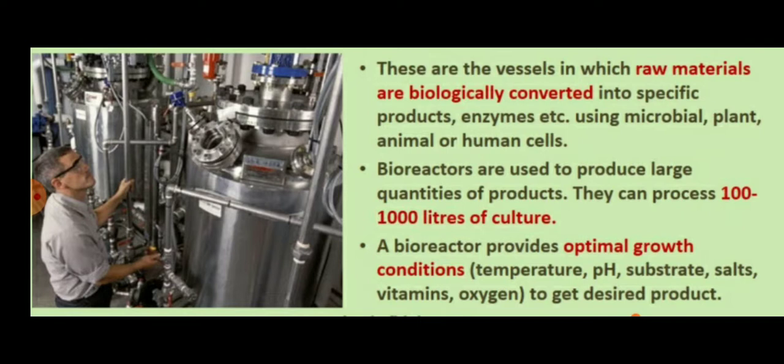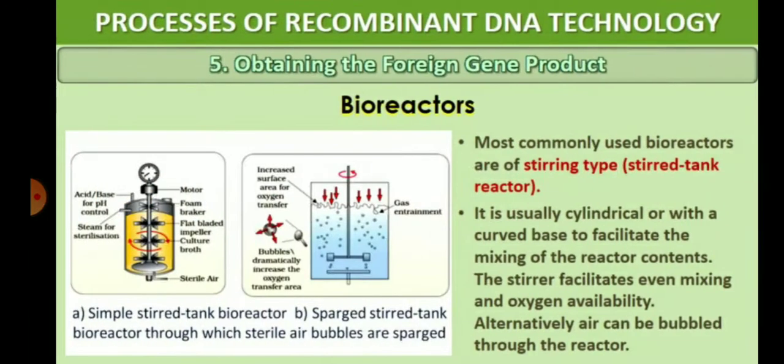The bioreactors provide the optimal growth conditions like temperature, pH, substrate, salts, vitamins, and oxygen to get the desired product. So children, these are the bioreactors which are mostly used.